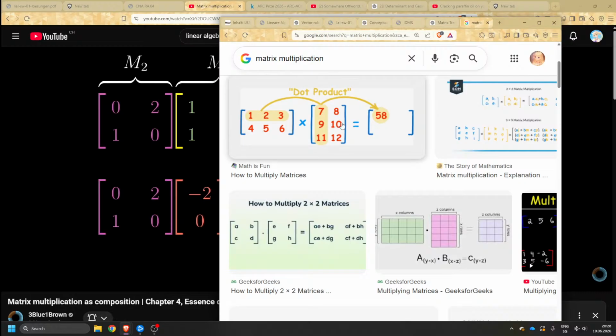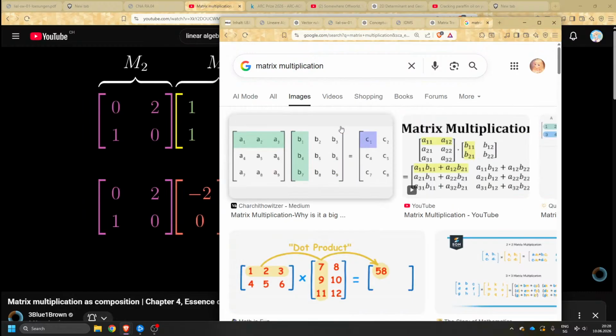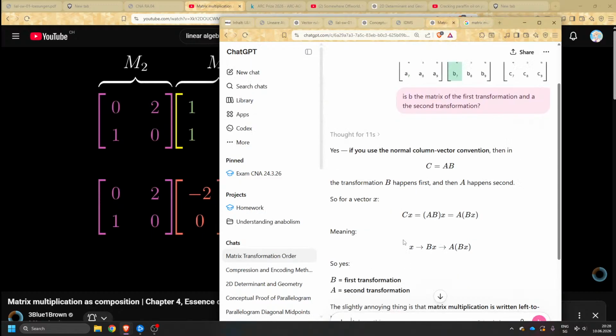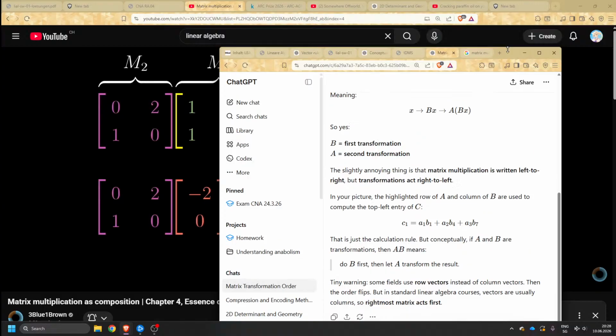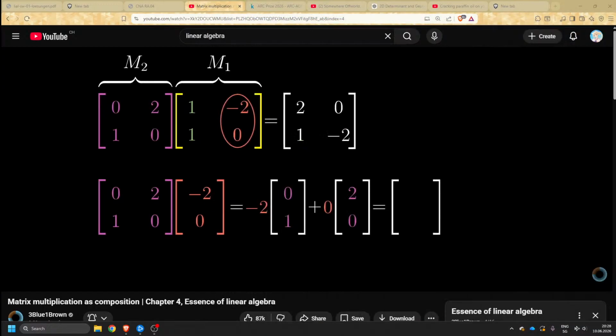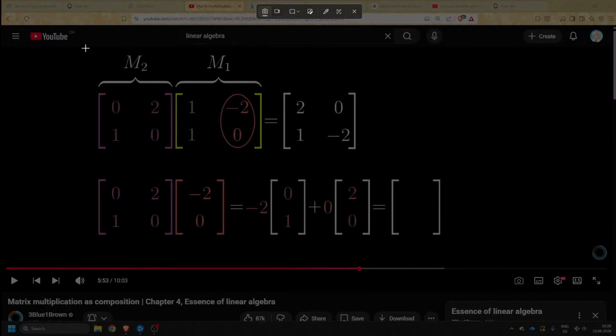Okay, what on earth? Dot product. I don't like that. Is that a 3 by 3 simplification? Wait. Is that a 3 by 3 simplification? And this would be the proper way?